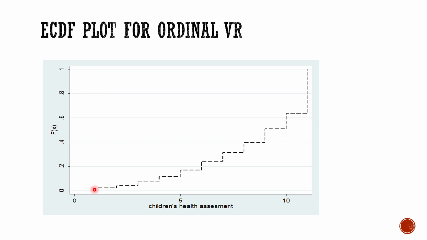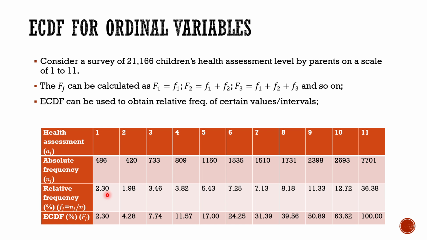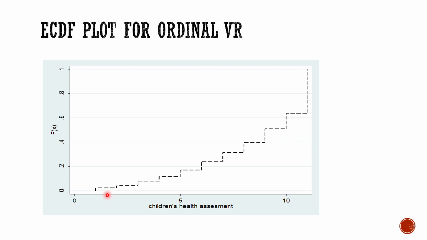So for 1 you have 2.3%, or you can write it as a proportion, 0.023. So 0.023 would be here. Then, because it's an ordinal variable in discrete form, there would be a break. Then again this is for health assessment scale 2, scale 3, scale 4, scale 5, and so on, and ultimately it reaches 1.